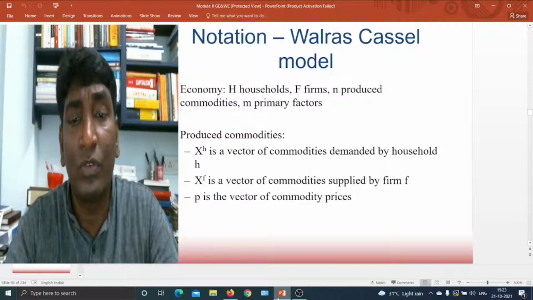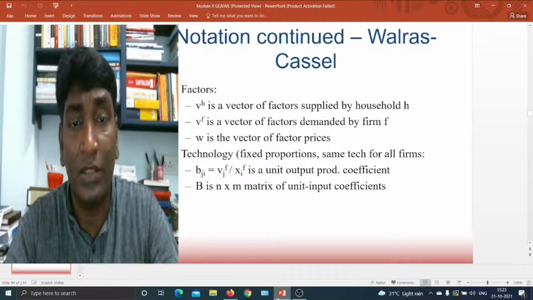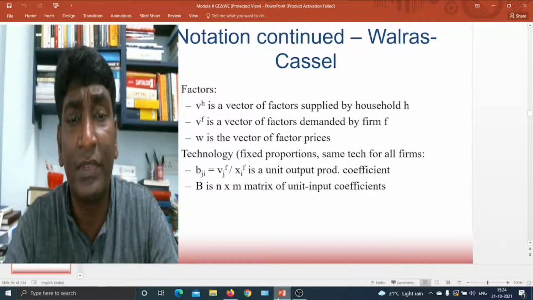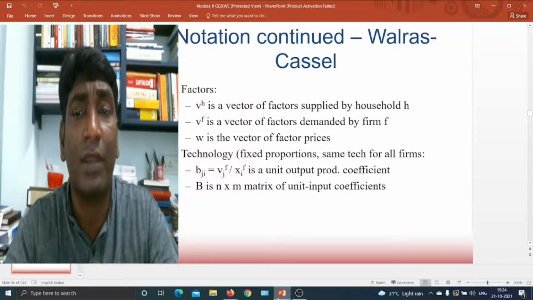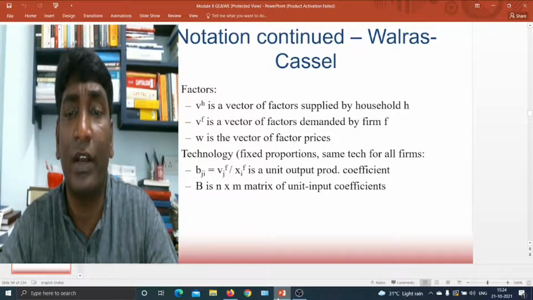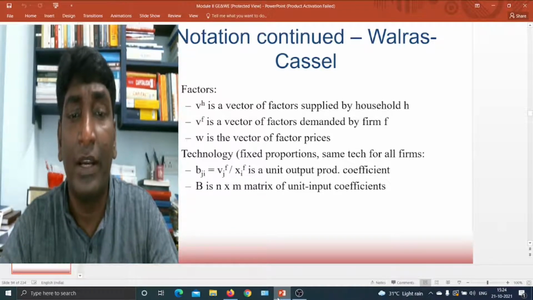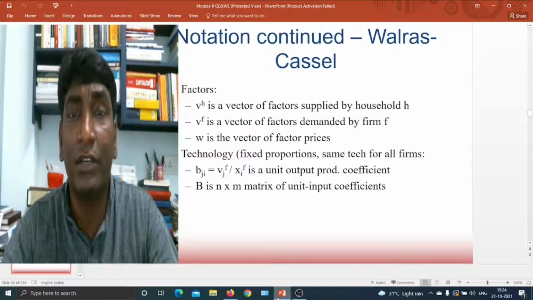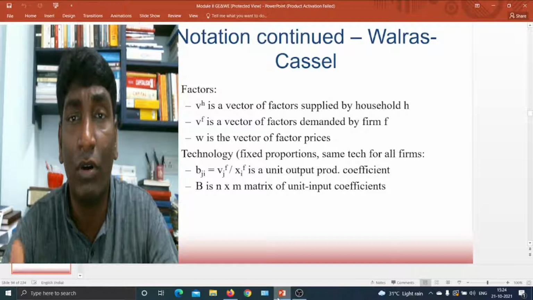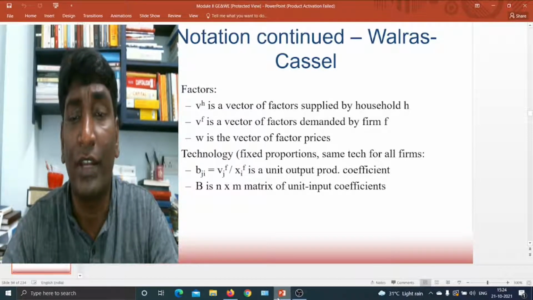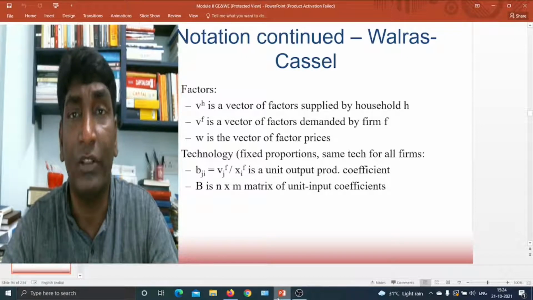And P is of course the positive vector of commodity prices. And you have factors such as VH, the vector of factors supplied by the household, and VF, the vector of factor demand by the firm F. W is again the vector of factor prices. And technology: we always talk about technology, but in this particular case it is a fixed proportion technology, the same in all the firms. That is the strict assumption.